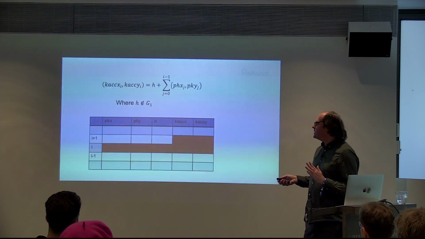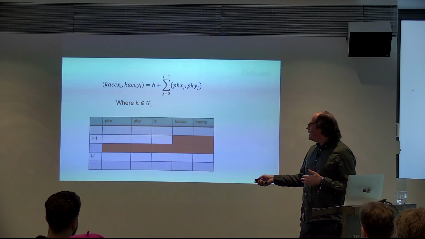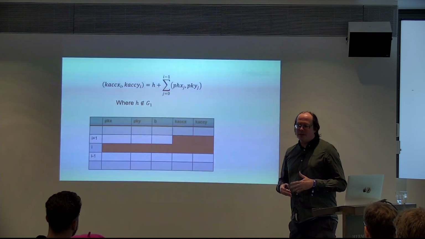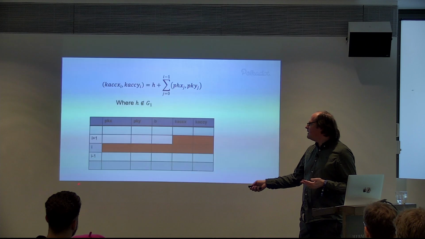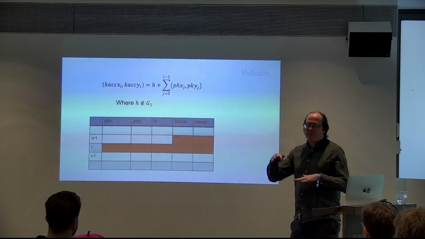We have two-dimensional things. So this is just a table where you imagine that each column stands for some polynomial commitment in Lagrange basis, and this is the value at some power of roots of unity.